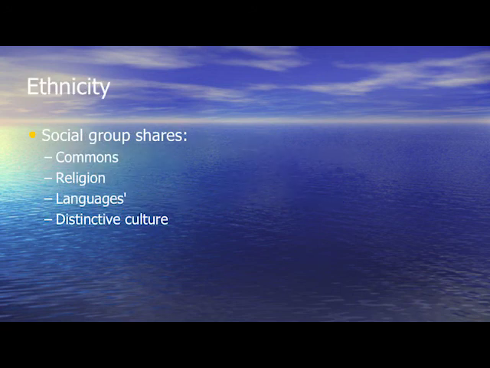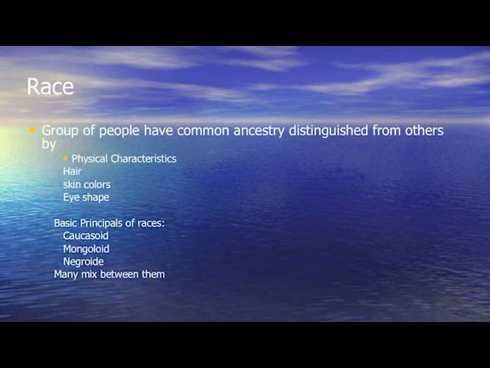When we talk about ethnicity, we talk about a social group that has a common religion, language, and distinctive culture. They have their own cultures. So we say ethnic group, that's what we mean by this.